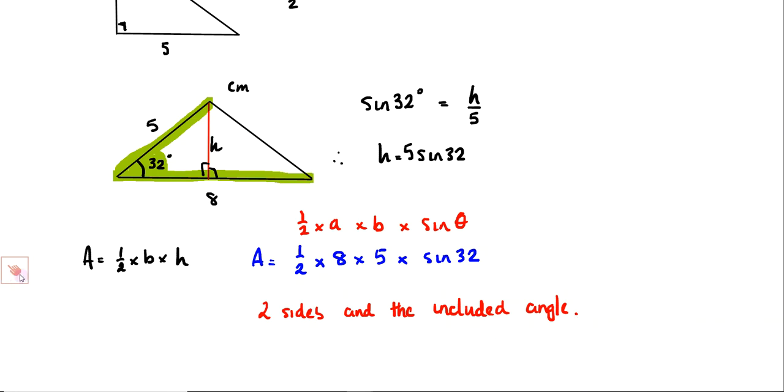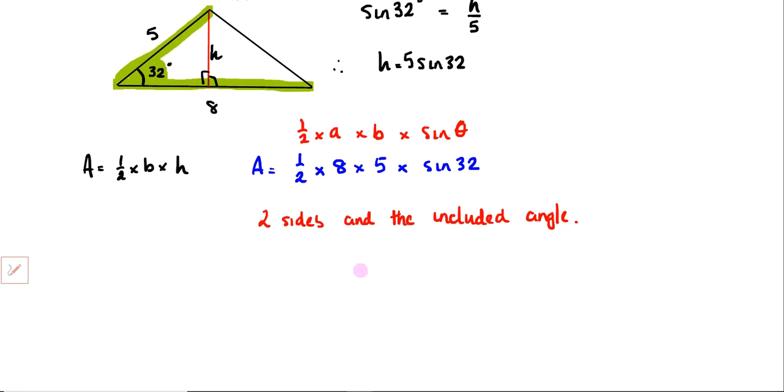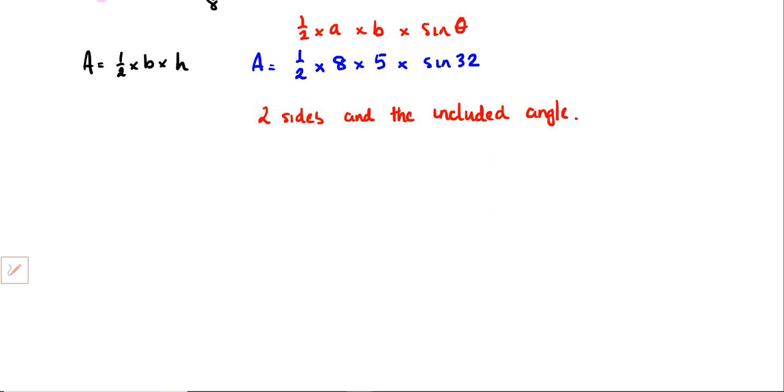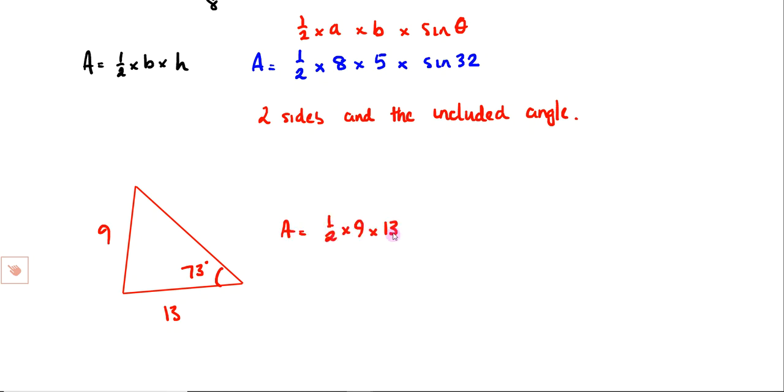So, for instance, it's not going to work out. I can always come back to this if you want to make notes, but let's say I have a different triangle, right? And I tell you that this is 9 and this is 13 and this angle is 73. Is the area 1/2 times 9 times 13 multiplied by sine of 73?